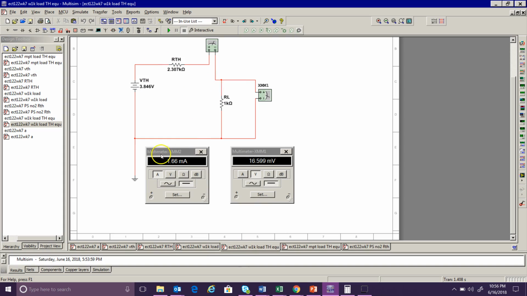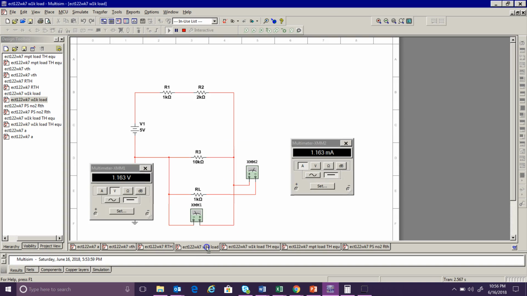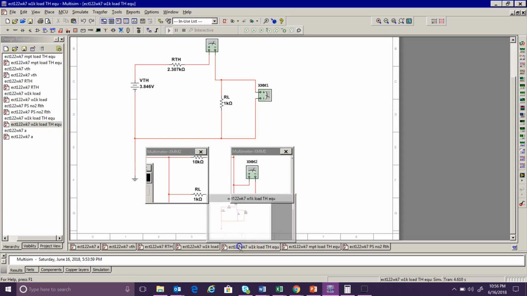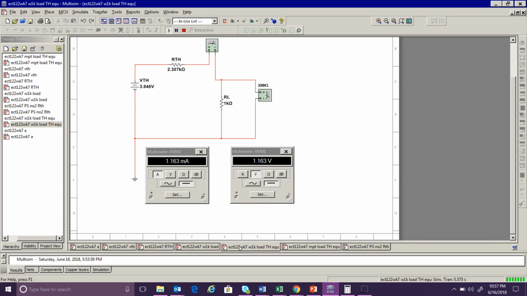And this is the same circuit with the Thevenin equivalent, although those aren't the right numbers, so I must have not rerun it. There it goes. So those match this circuit. This is the Thevenin equivalent circuit.